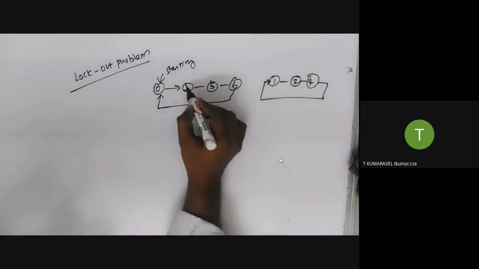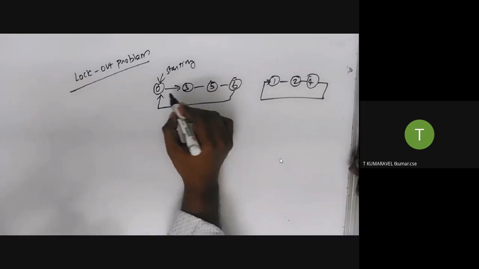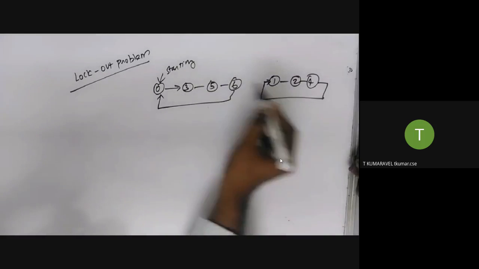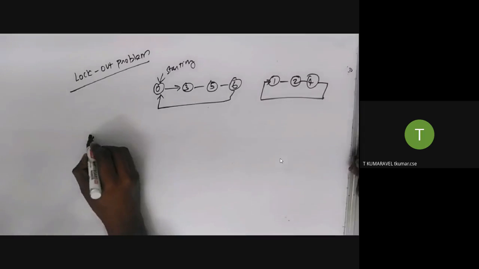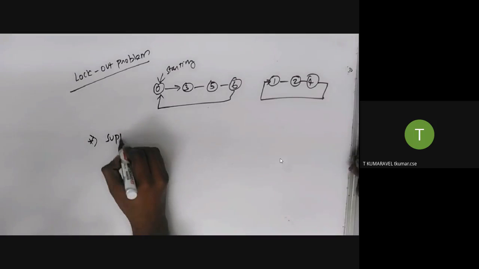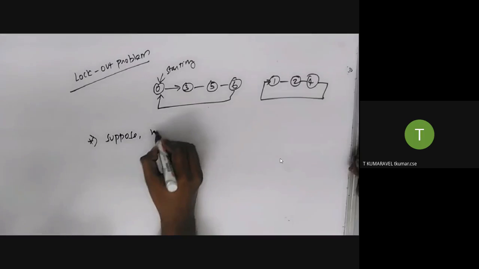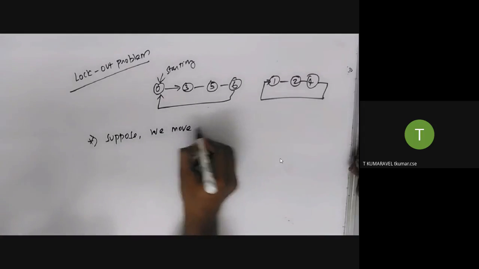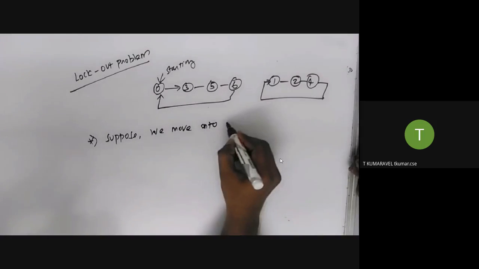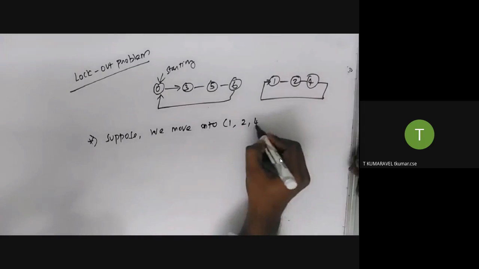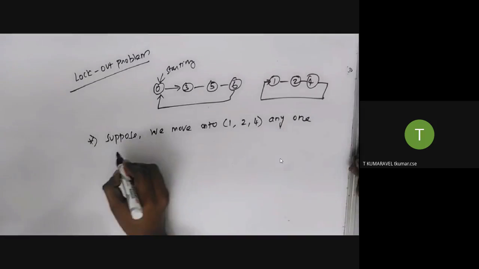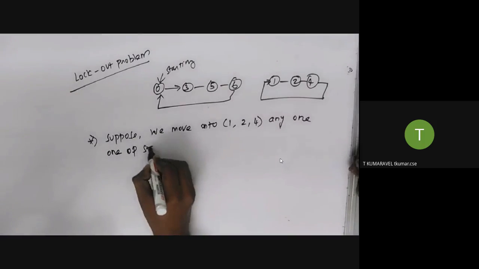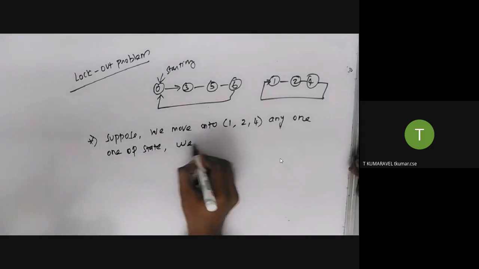Suppose I am in the third state, I can reach the starting state for n number of clocks. Now suppose we move on to any one of the states 1 to 4.